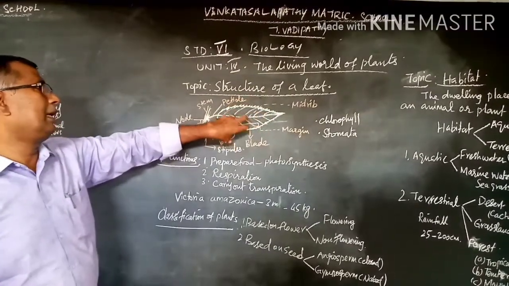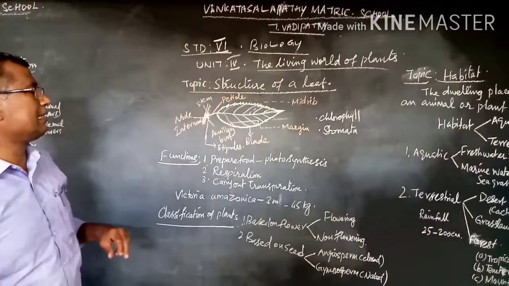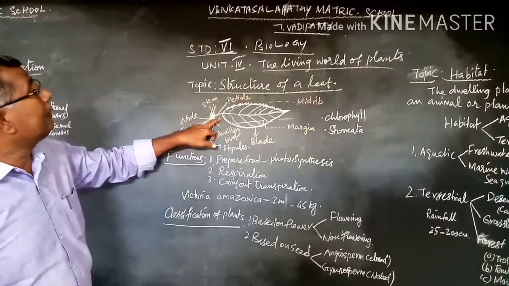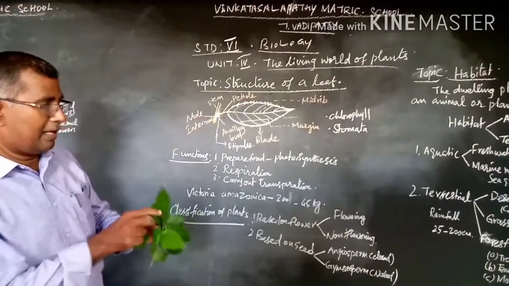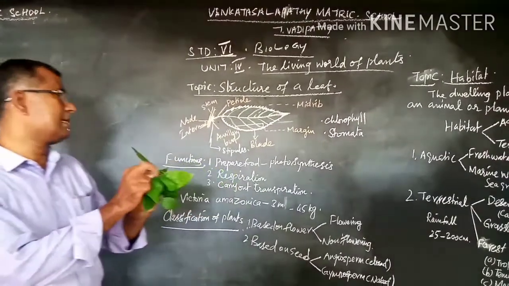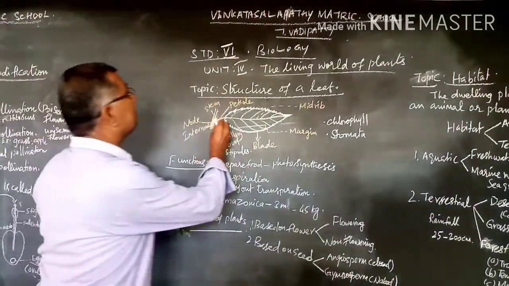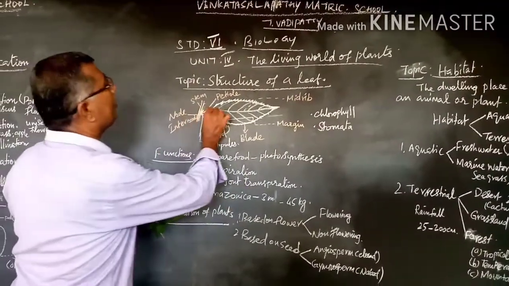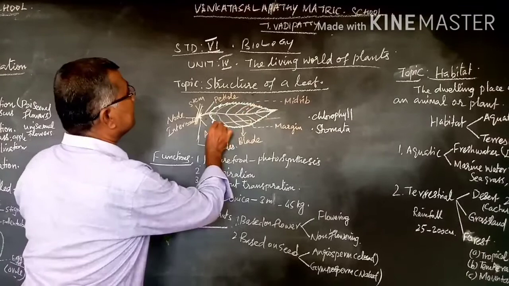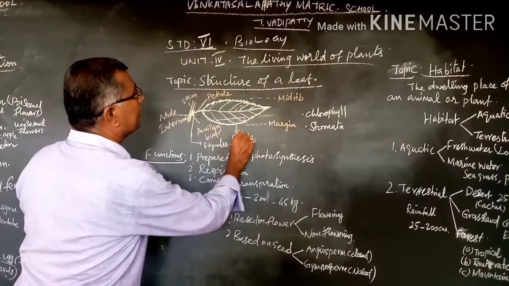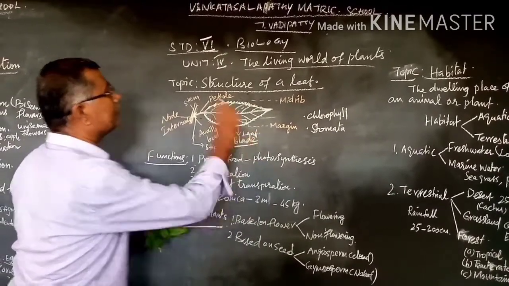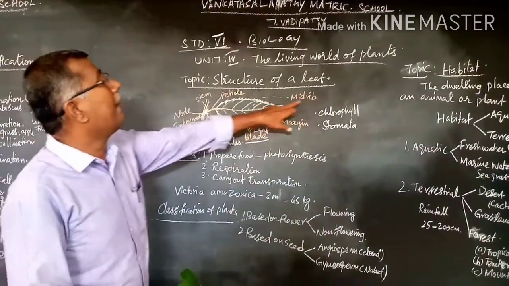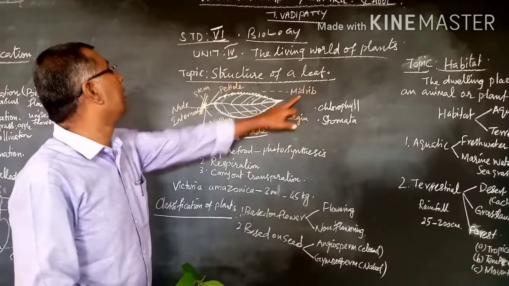So how is the leaf structure arranged in plants? This is a Hibiscus leaf. There is a main rib that is called the midrib. Over this is the leaf blade, in which the midrib runs centrally.